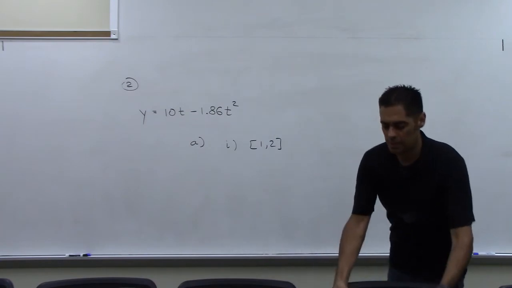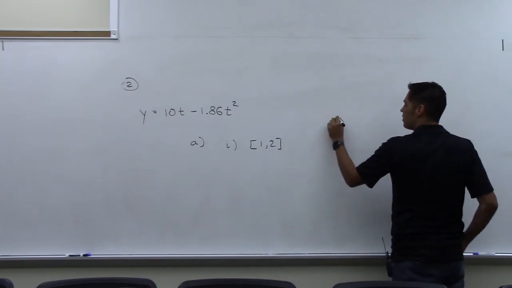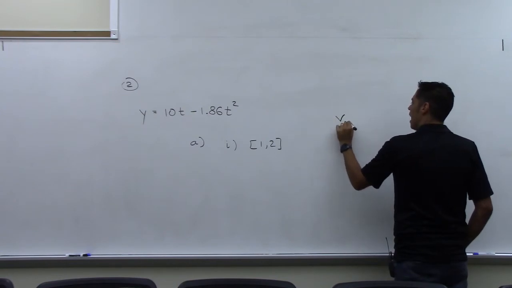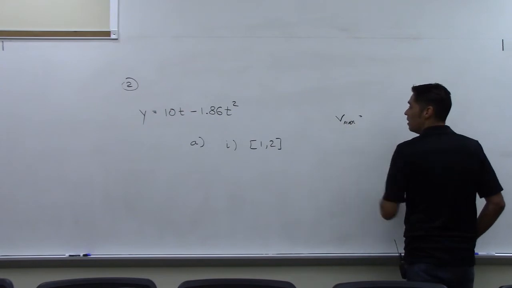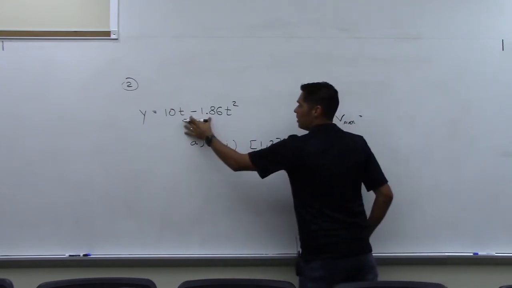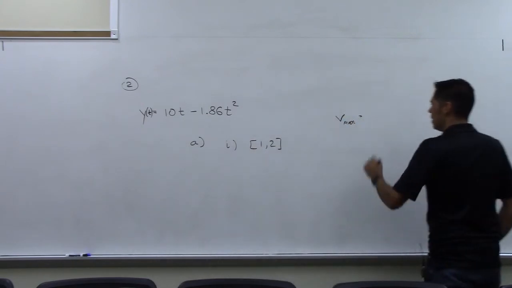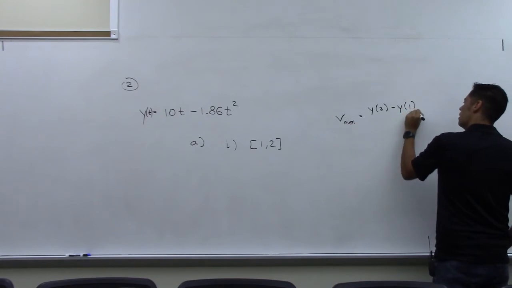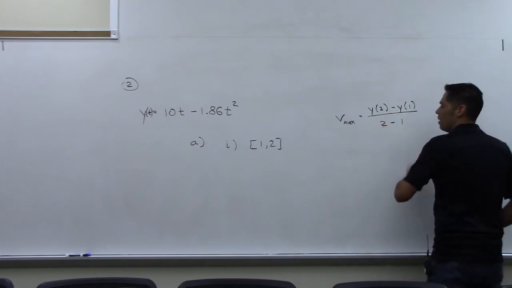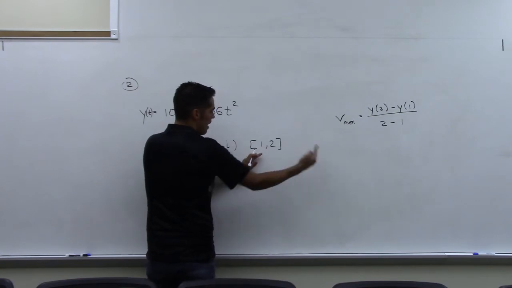So what that means is that you're going to be looking for the average velocity, not the instantaneous. I'm going to turn it into a function and call it y of t. It'll be y of 2 minus y of 1 over 2 minus 1.